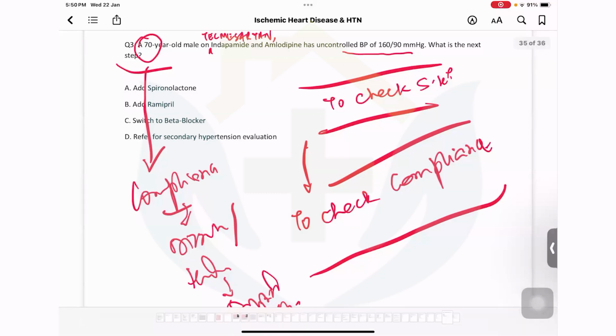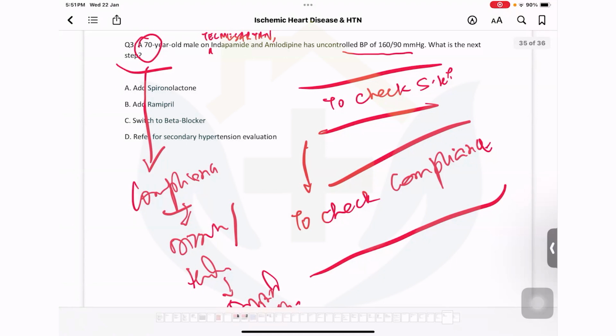So here, if option C was add a beta blocker instead of switch to a beta blocker, if you go by the NICE guidelines, step one is either a calcium channel blocker or ACE inhibitor. Step two is to combine them.